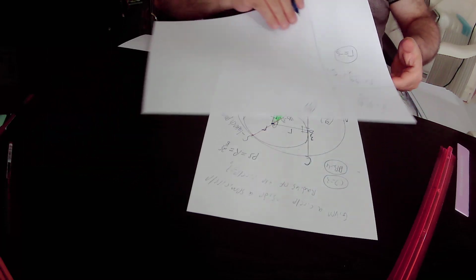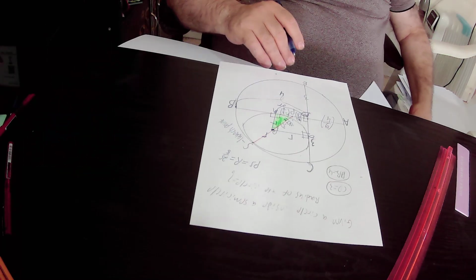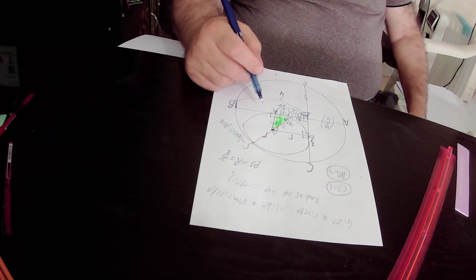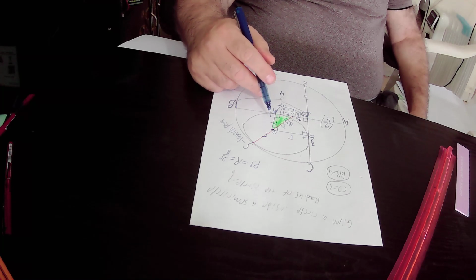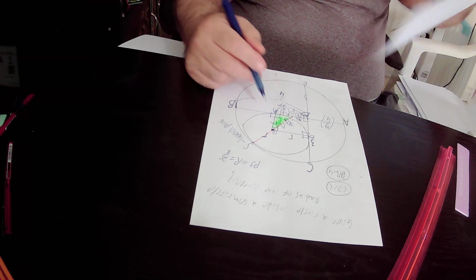But because r is the length of the radius of the small circle, r is a length, it must be a positive number.